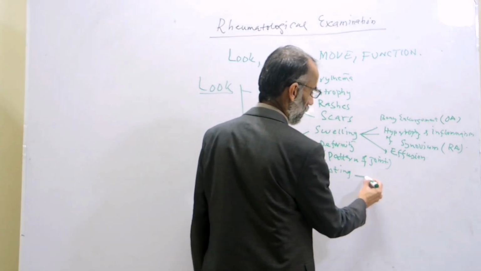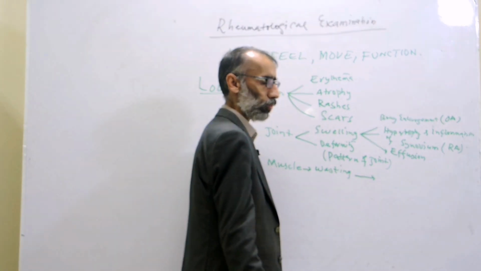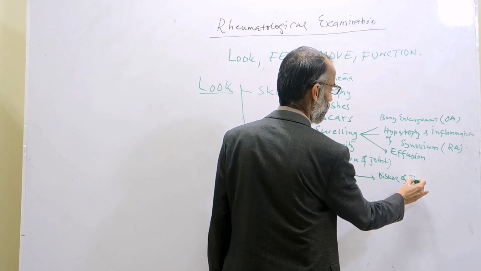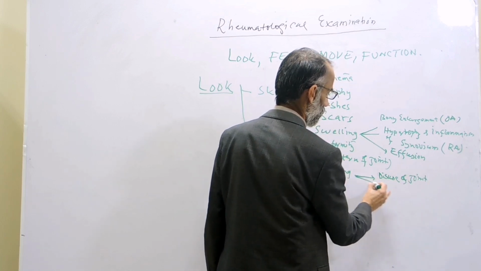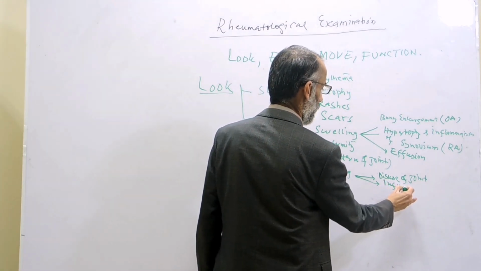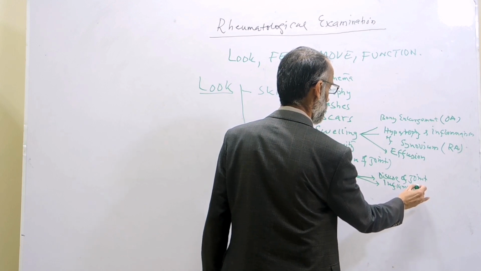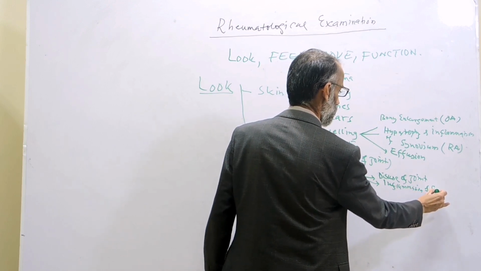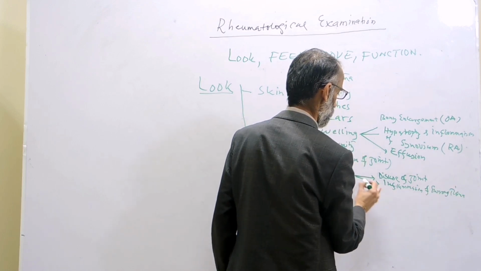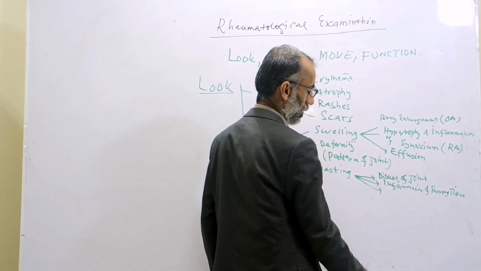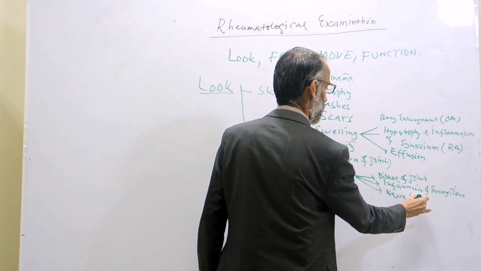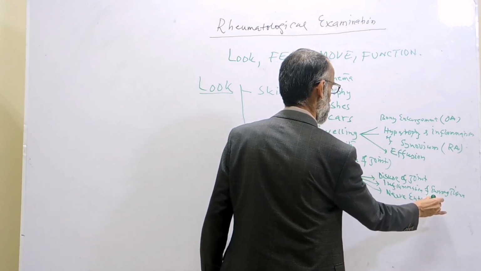Muscle wasting may be due to disuse of joint, or may be due to inflammation of surrounding tissues, or it may be due to nerve entrapment.